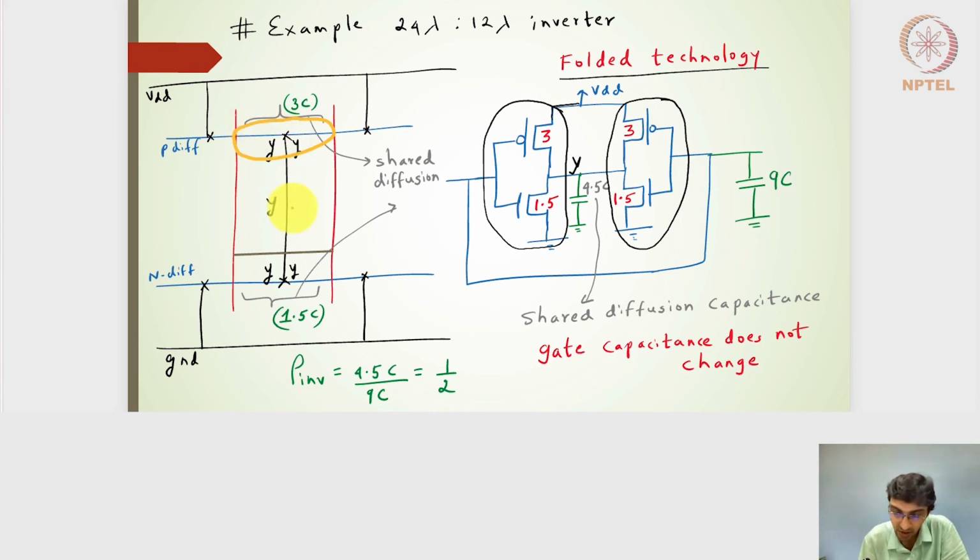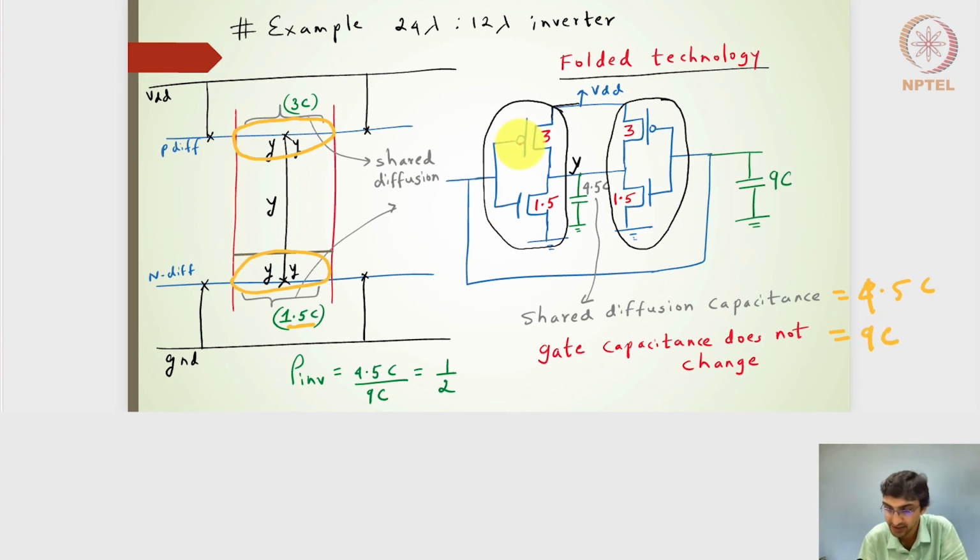It's a shared contact, because there is an output line which gets connected from the P diffusion line to the N diffusion line, and even in the N diffusion line, this is actually shared. Right, so if this is shared, the diffusion widths will be 1.5 and 3C only, and not 6C and 3C. So my overall shared diffusion capacitance in this case will not be 9C, it will be 4.5C. The gate capacitance will still be 9C.